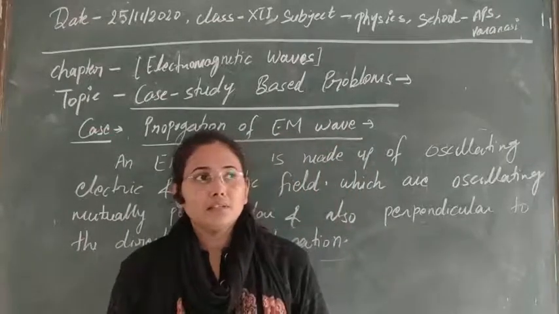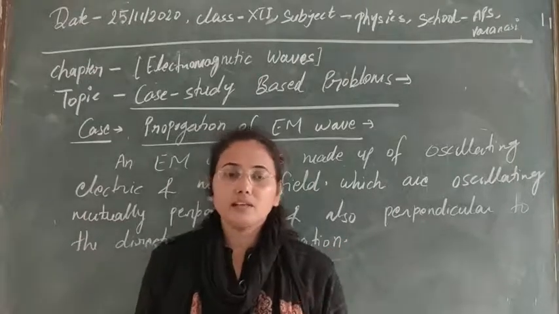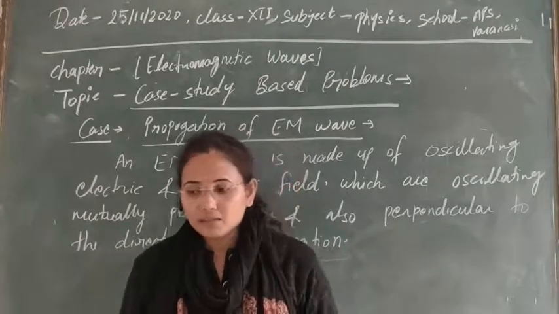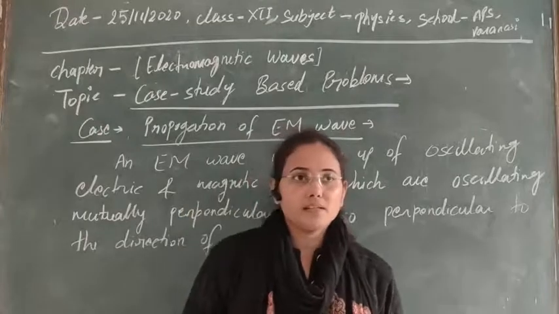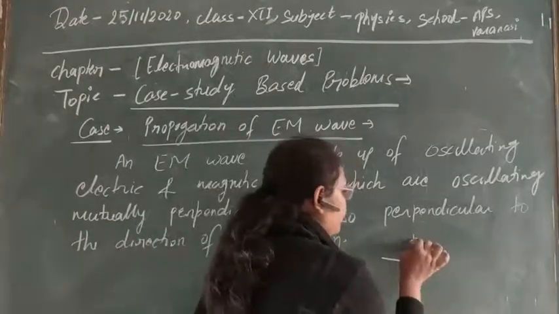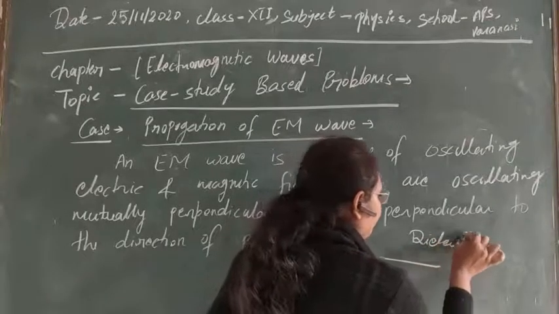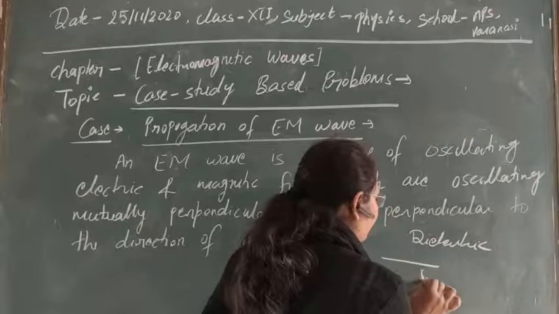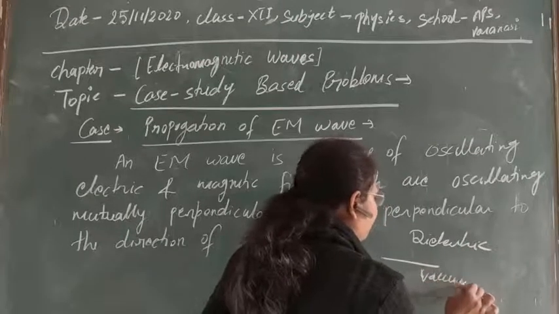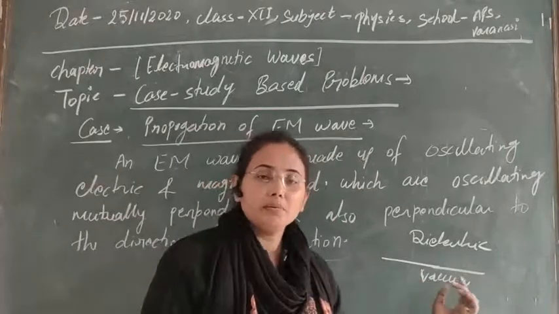You can pause the video and think about the answer also, but still I am just going to answer it. Suppose this is the dielectric medium and here is the vacuum medium. So we have two media, and obviously between these two media there will be some interface.